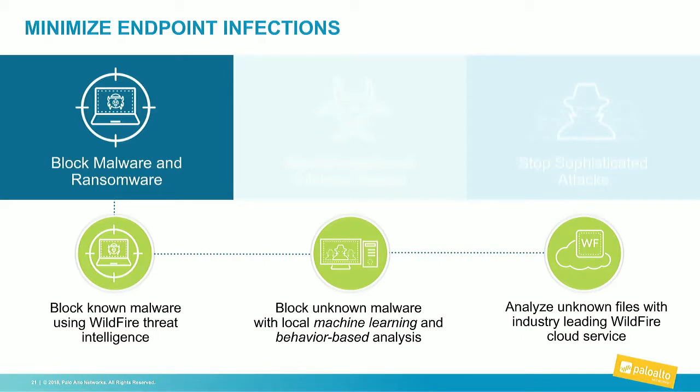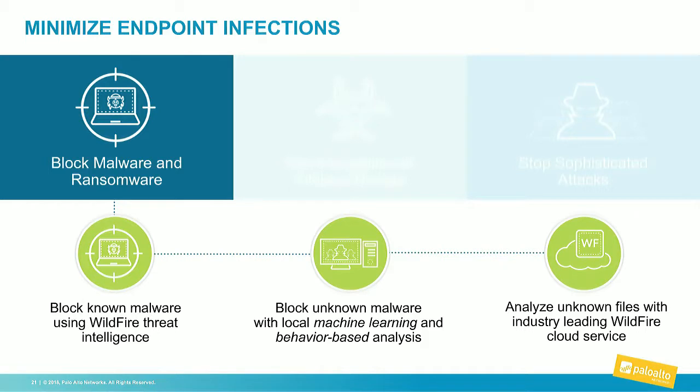To do that, Traps leverages Wildfire's threat intelligence to quickly determine if the threat has been previously seen. Furthermore, Traps also uses local machine learning to identify new threats, which is trained through analysis of millions of both good and bad files.